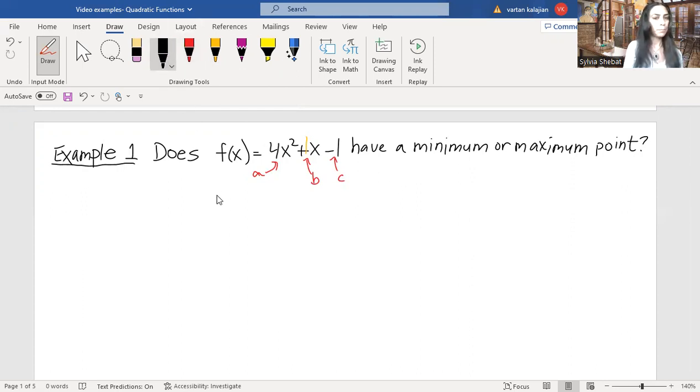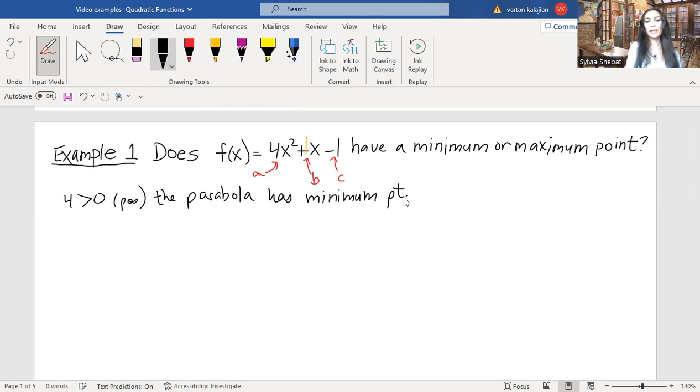So then looking at the a, which is 4, because the 4 is greater than 0, or is a positive number, the parabola has a minimum point.